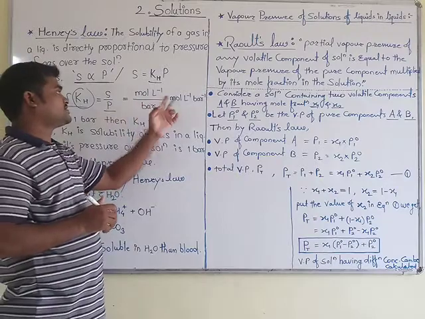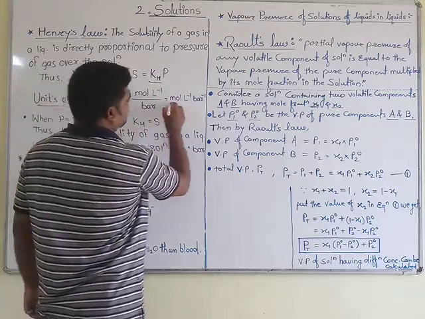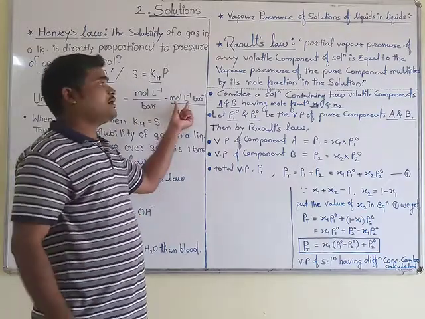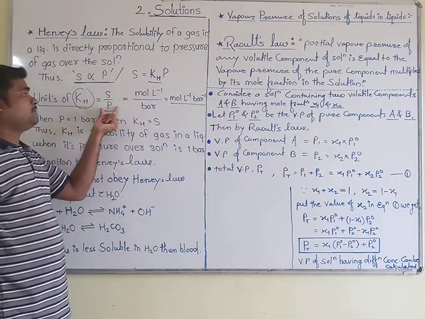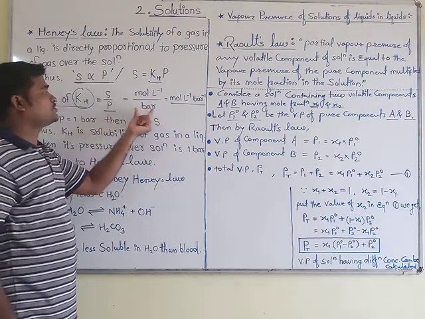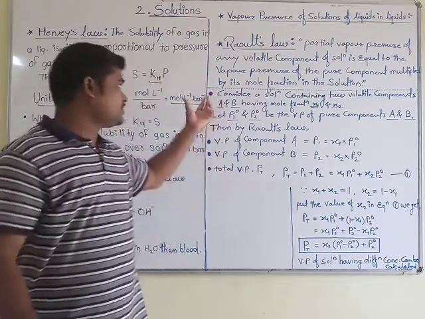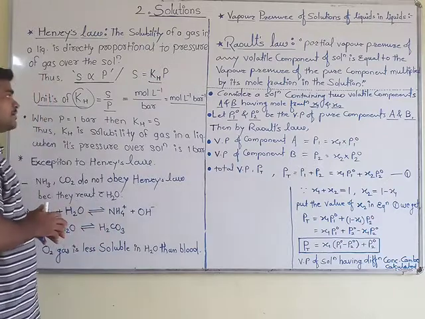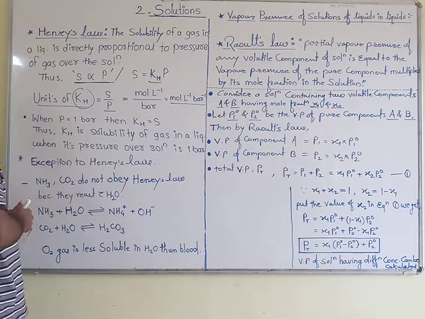Then you will get the unit mole per liter per bar. Mole per liter is the unit of solubility, and for pressure the unit is bar. So its unit becomes mole per liter per bar.